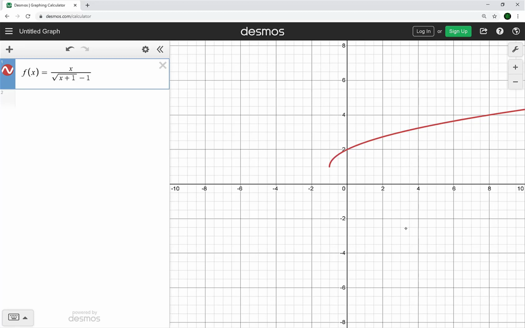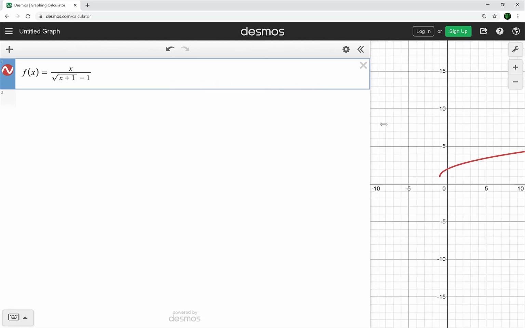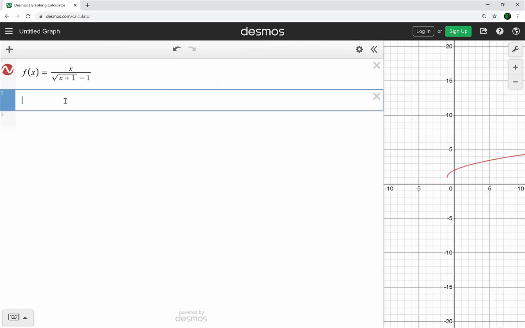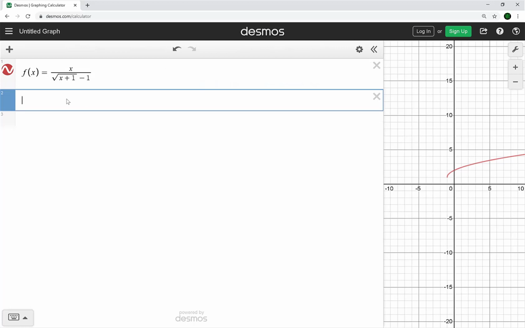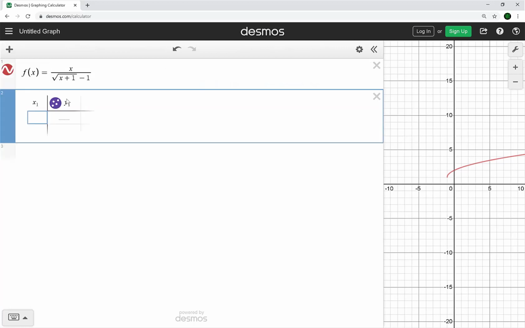I don't want to pay attention to the graph. I want to pay attention to a table. So yes, I know what the graph looks like, guys. But look, check it out. Look how awesome this is. I can just type in table. Oh, that sucks. Okay, add table. By the way, you should be able to type in table and it should work, but that's fine.